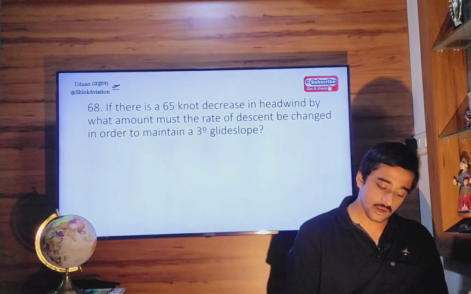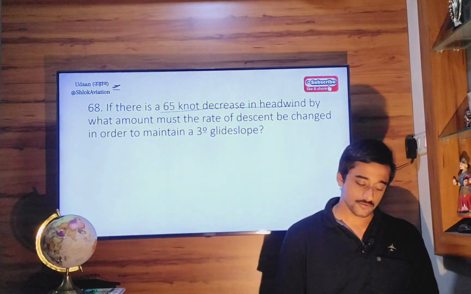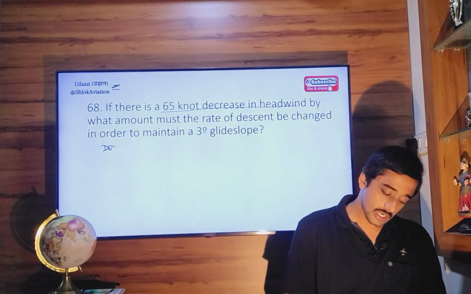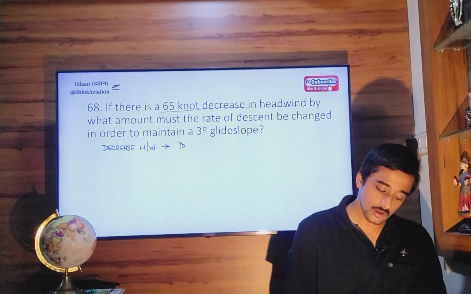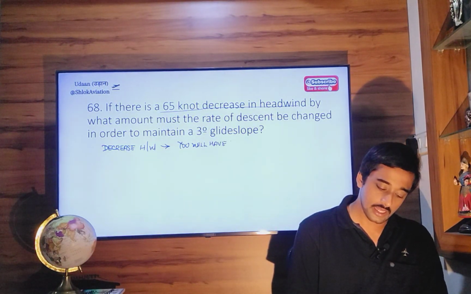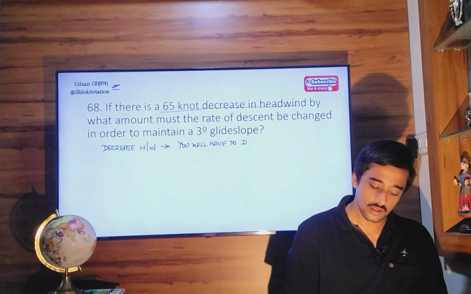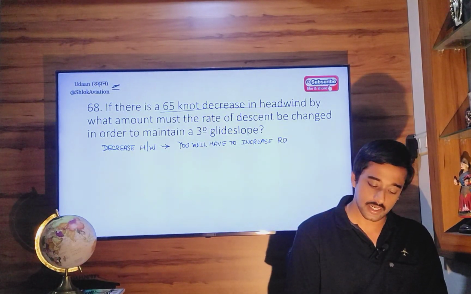If there is a 65 knot decrease in headwind, again a decrease in headwind means you will have to increase your rate of descent.